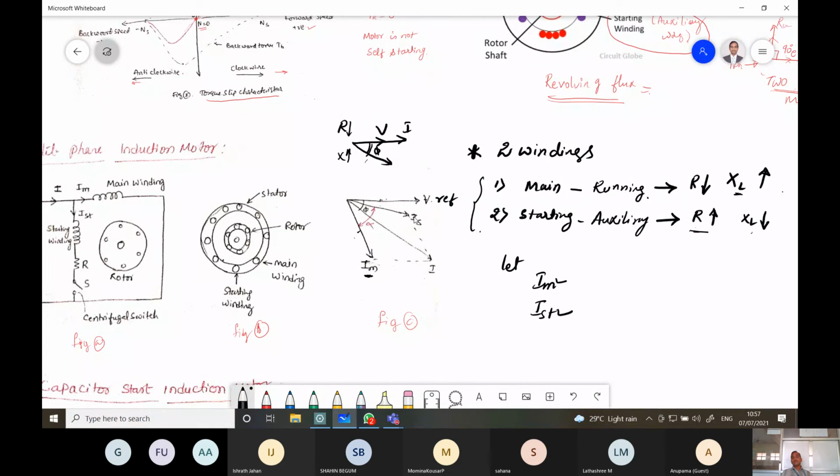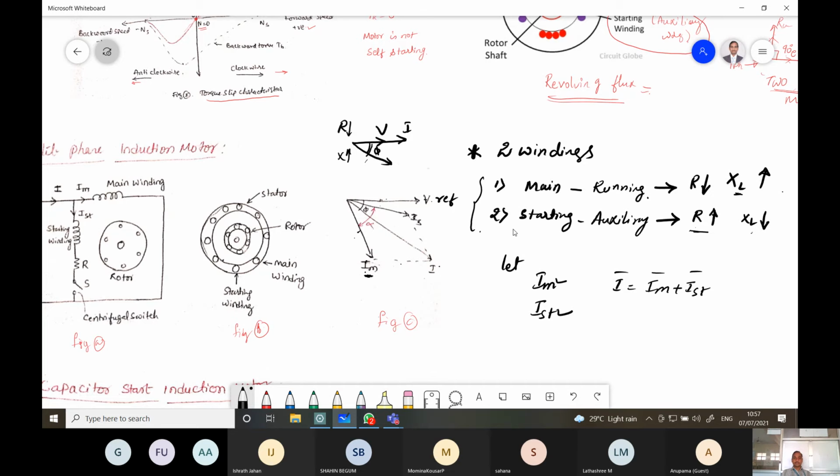So now we will get two currents, one is the starting current, and another is the running current, that is the main current. The total current I is the vector summation of these two, so I is equal to Im plus Ist. Look at the diagram also.